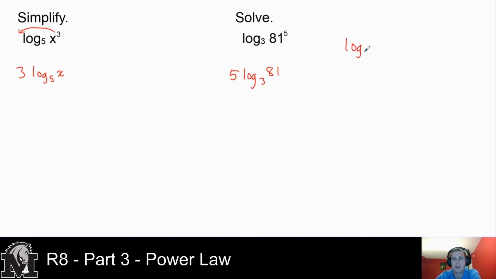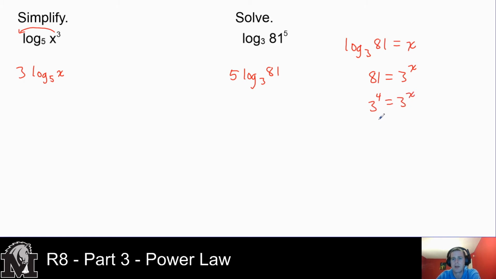So log base 3 of 81, we could say that is equal to x. Then put that in exponential form: 81 equals 3 to the power x. Now because we have an exponential number on the right with a base of 3, we want to express 81 as something with a base of 3. So 3 to the power 4 is equal to 81.